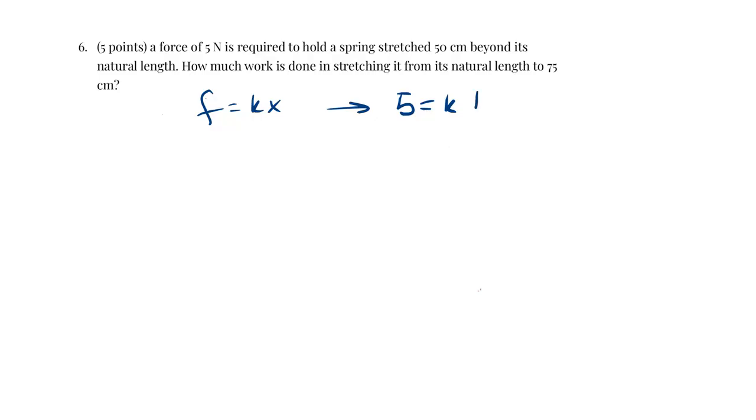In meters, that would be half a meter. So k is 10 for this problem. So then to find the work, our force equation is 10x. And we want to go from rest to 75, which is 0.75, dx.